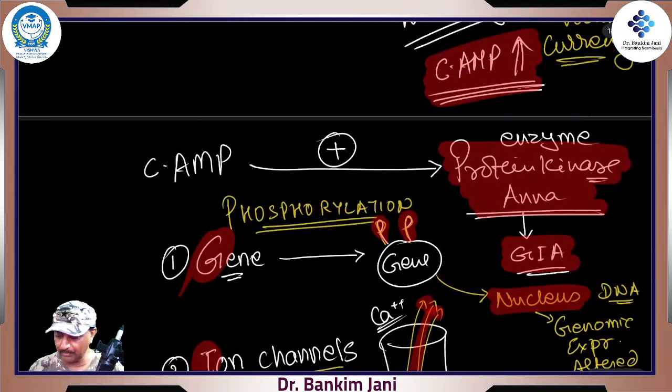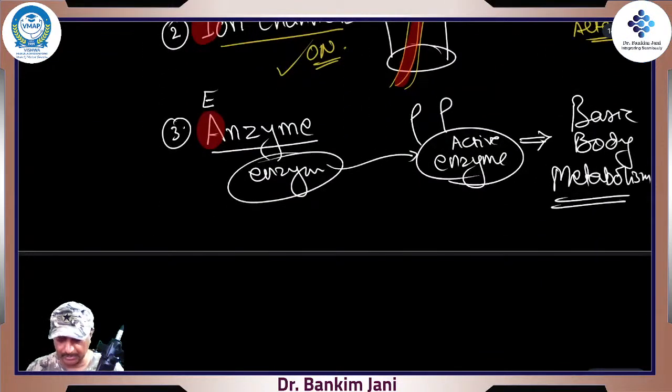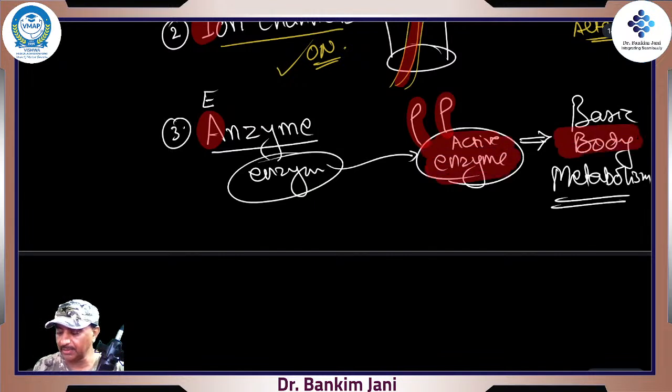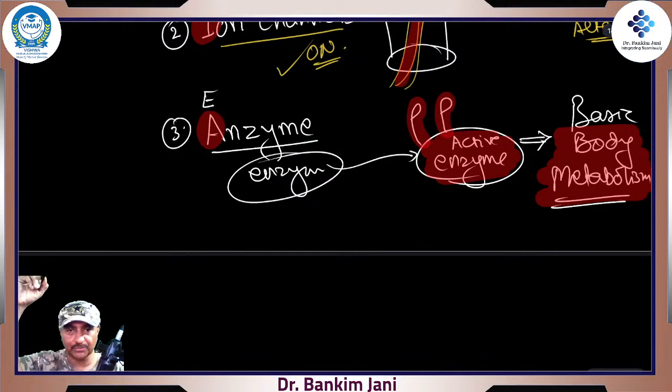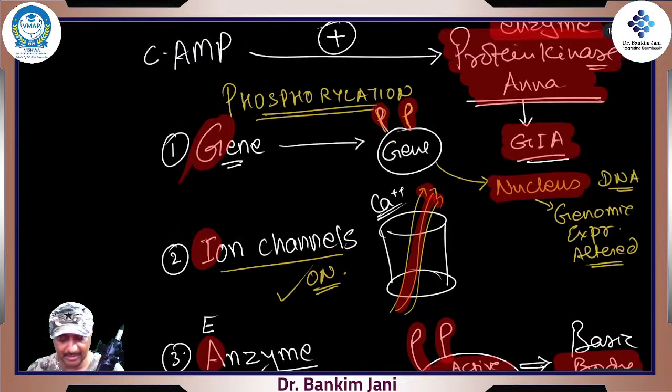He himself is an enzyme, but this enzyme activates other enzymes by the process of phosphorylation. Again, the same process. And these active enzymes play various games in the entire body, in the body metabolism. This is how just one stimulus from outside has generated so many things inside the cell.